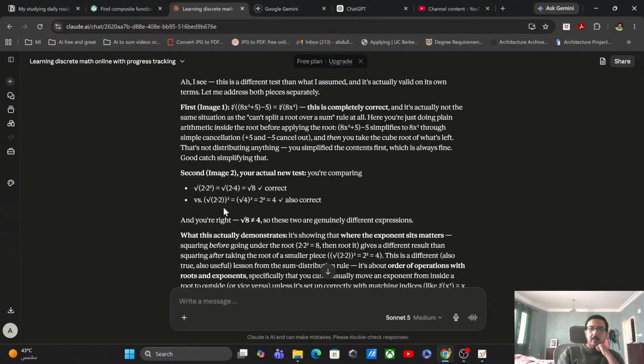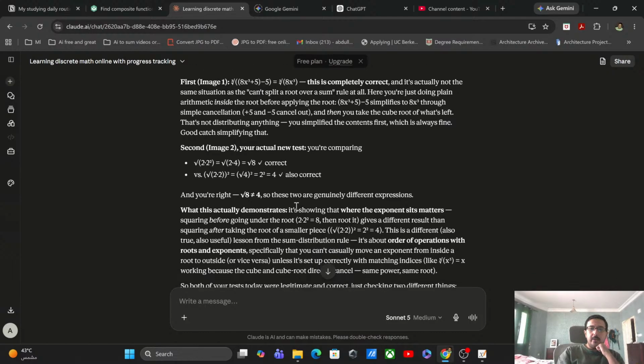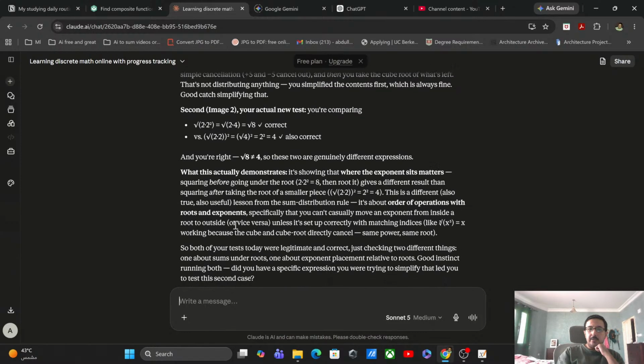Second, the actual new test you're comparing. Correct. So correct, and you're right. These two are genuinely different expressions. What this actually demonstrates is that where the exponent sits matters.